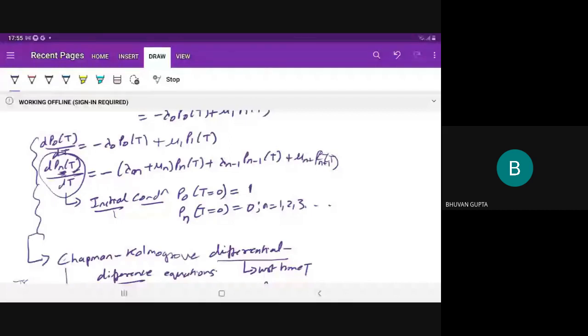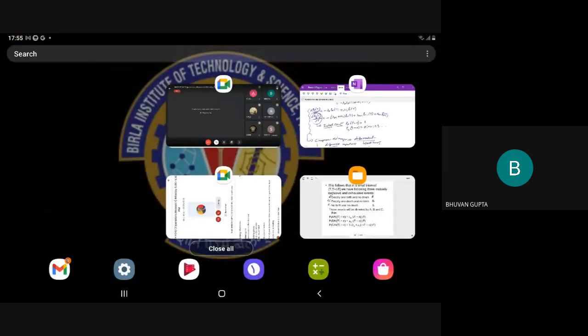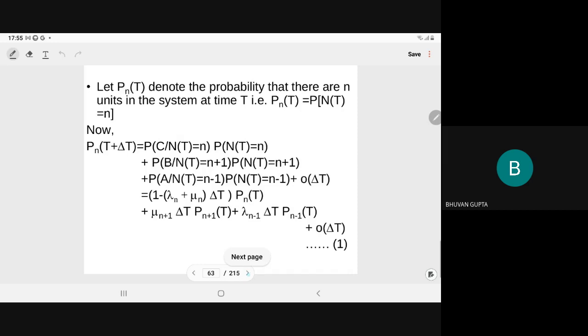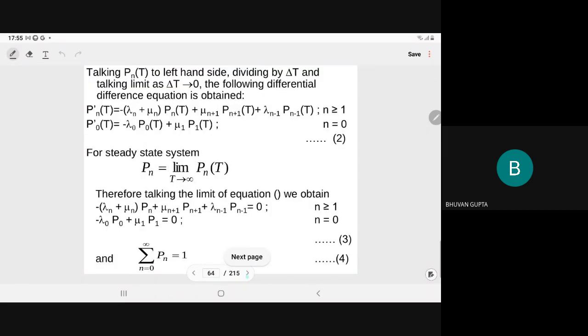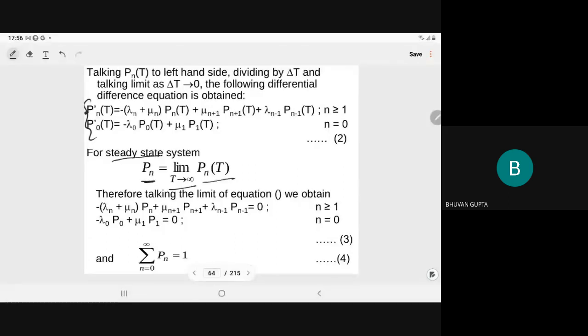So in the next class we start the solution of this. That is what we have covered in these slides. We have developed the system of differential difference equations, and it converts to the steady state when we take t tends to infinity.